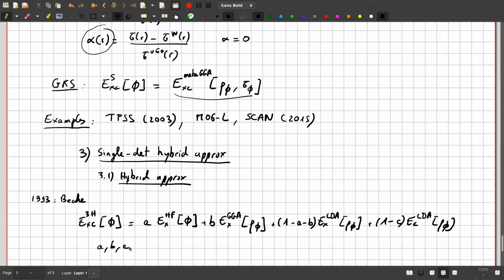So it contains three empirical parameters, a, b, c, that were fitted to empirical data. The Hartree-Fock exchange functional is simply the expectation value of W_ee in phi minus the Hartree energy. This can also be written explicitly in terms of orbitals, so you can also say that this is a functional depending on the occupied orbitals inside this determinant.